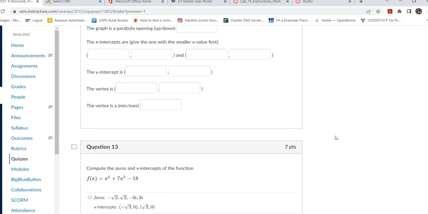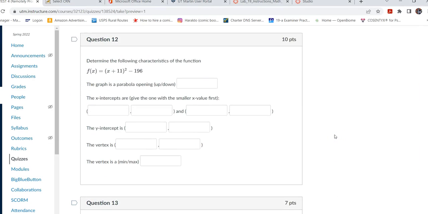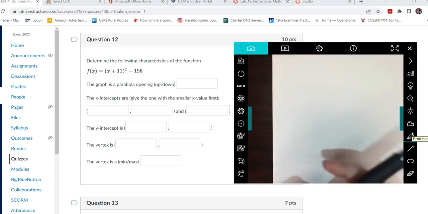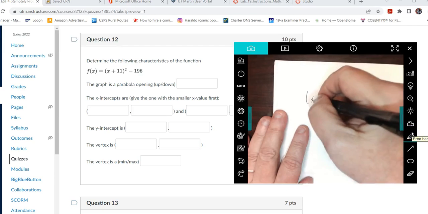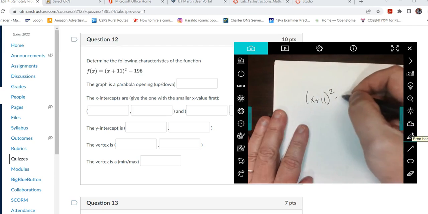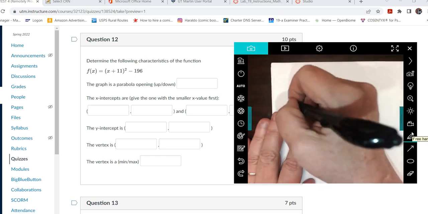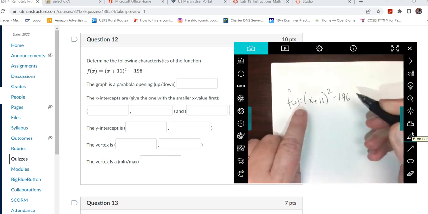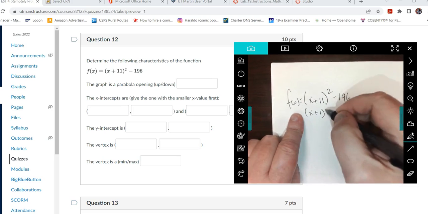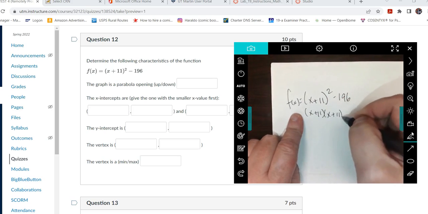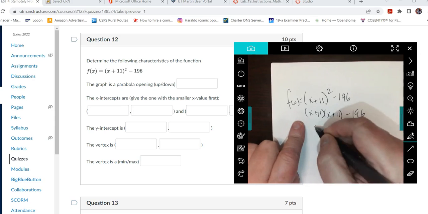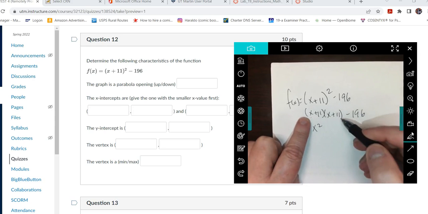Okay. All right, same question on this one. Okay, so well, first we need to get this into standard form. So I'm going to expand that.